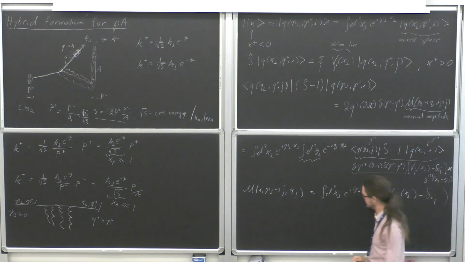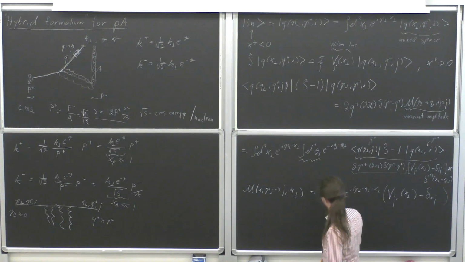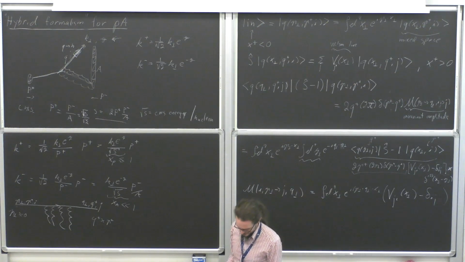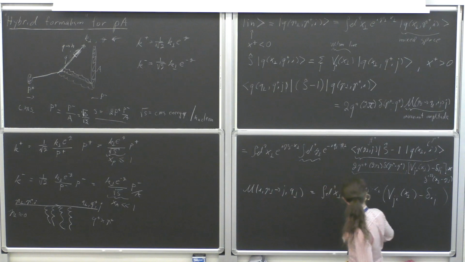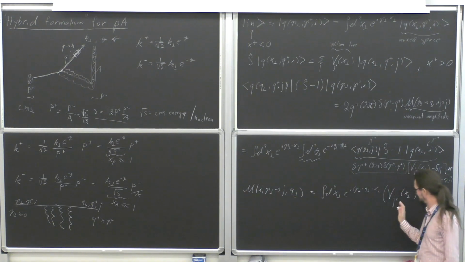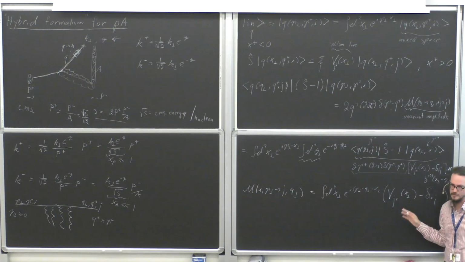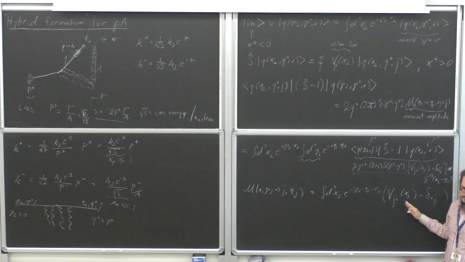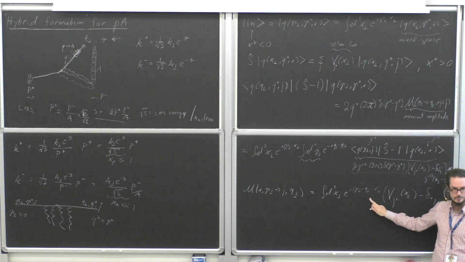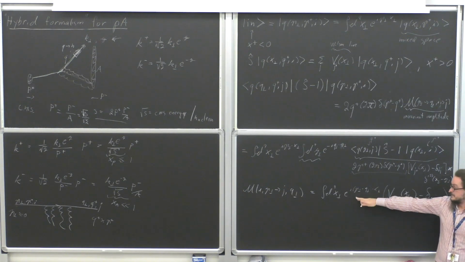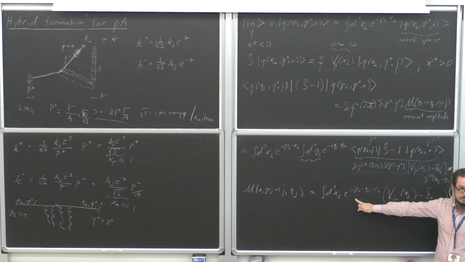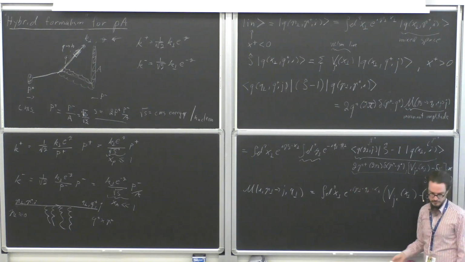So this now is a concrete example of another way of thinking of what the Wilson line means. What is the Wilson line? The Wilson line is an eikonal scattering amplitude. Well, the Fourier transform of the Wilson line from coordinate space to momentum space is the scattering amplitude for a quark to scatter off the external field.